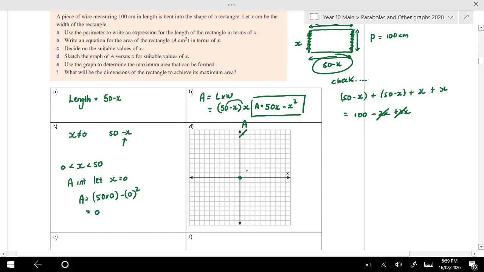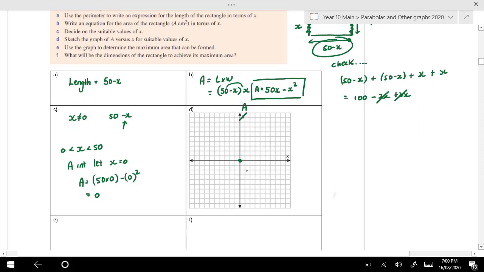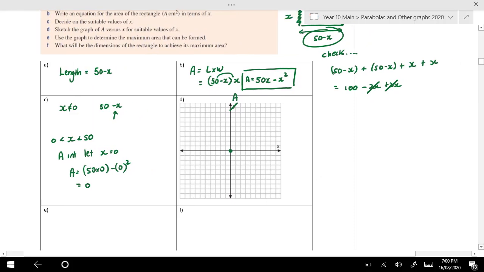And it is going to turn. Let's go ahead and find the x-intercepts. So when a is equal to 0, now we've got 50 take x times x. It's already been factorized, so really we probably should leave it like this, but you could have it this way too. Now, how does this equal 0?